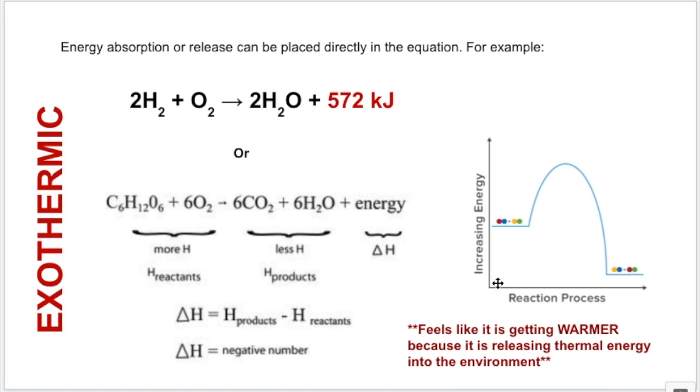Once again, our reactants are going to have higher energy than our products, which will give us a negative change. And it's actually going to feel warmer. Exothermic, you could think about exiting. The energy is exiting the system and going to the surroundings. Whenever we touch anything that is an exothermic reaction, it'll feel warmer.